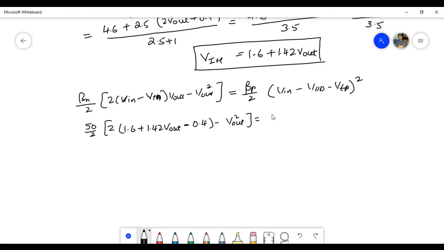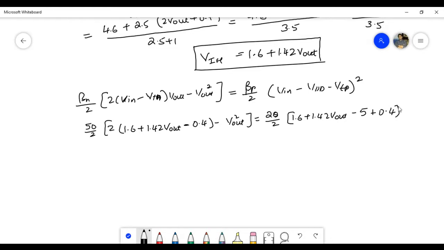So beta p is 20. 20 by 2 into V in 1.6 plus 1.42 V out minus VDD is 5, minus 5.